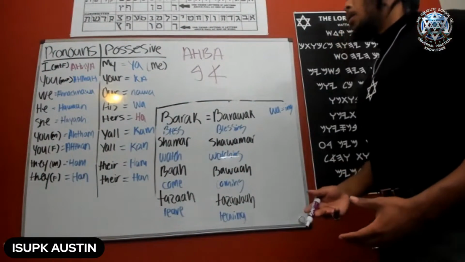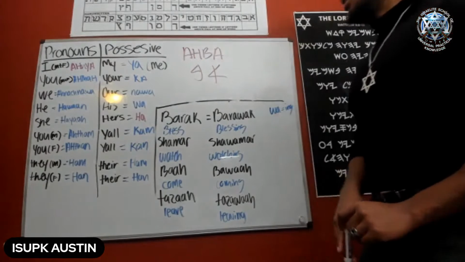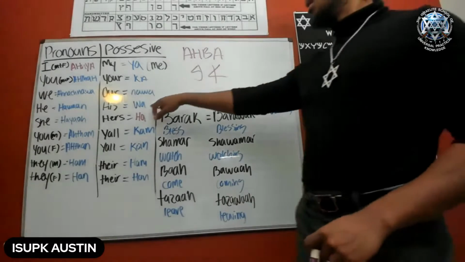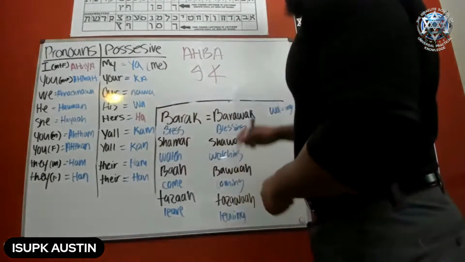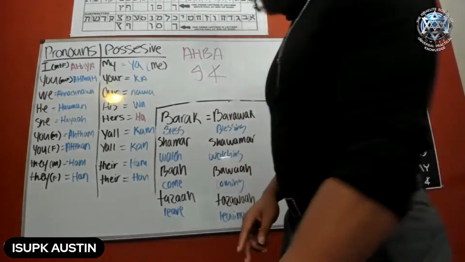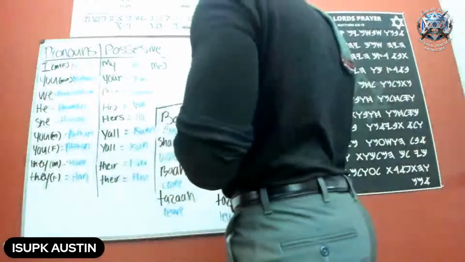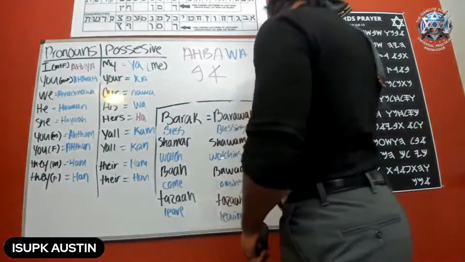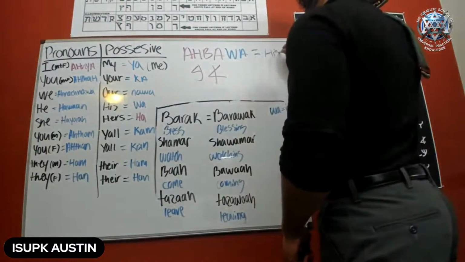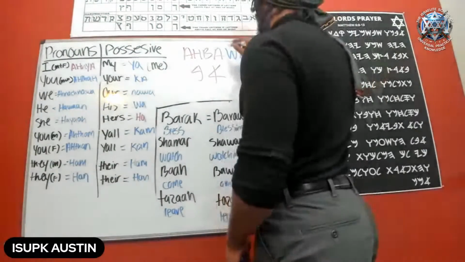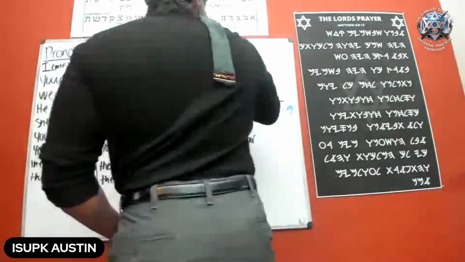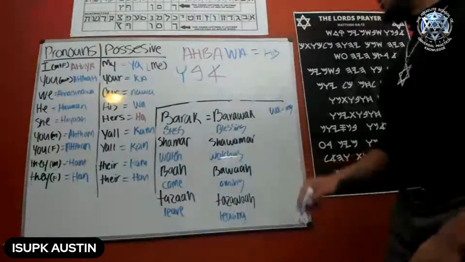But if I want to say that it is his father, I'm going to say what? Abba wa. I'm going to add wa to it. I'm going to add wa equals his. Now I'm also going to add the Y. Abba Y, right? That's what we're going to do.